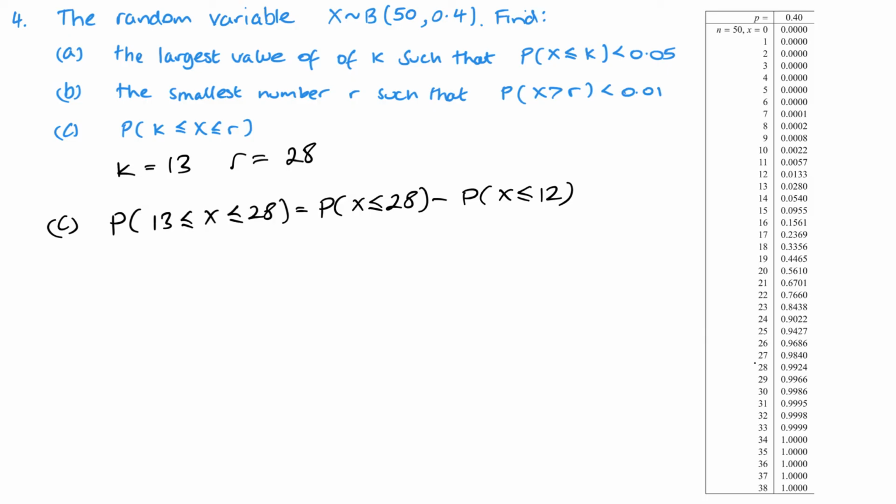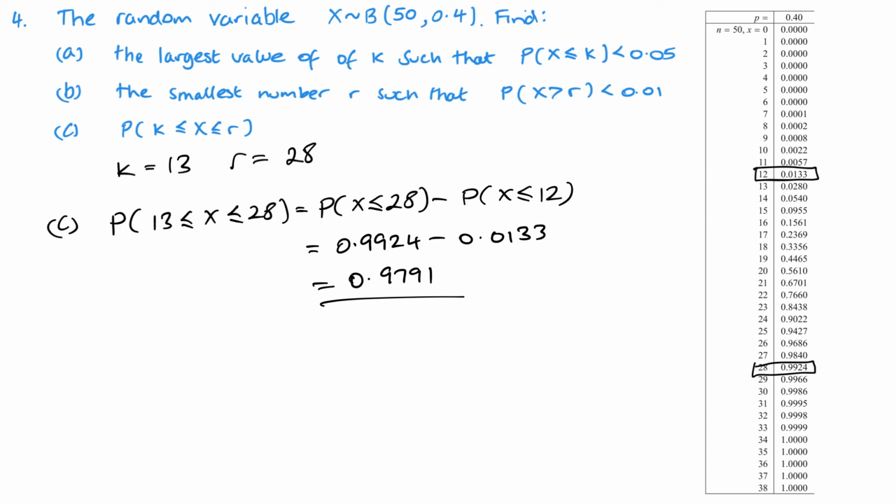So 28, we know that value is there, and this time we also need 12, which is there. So we get 0.9924 minus 0.0133. And then in my calculator, we get 0.9791. And that is my answer.